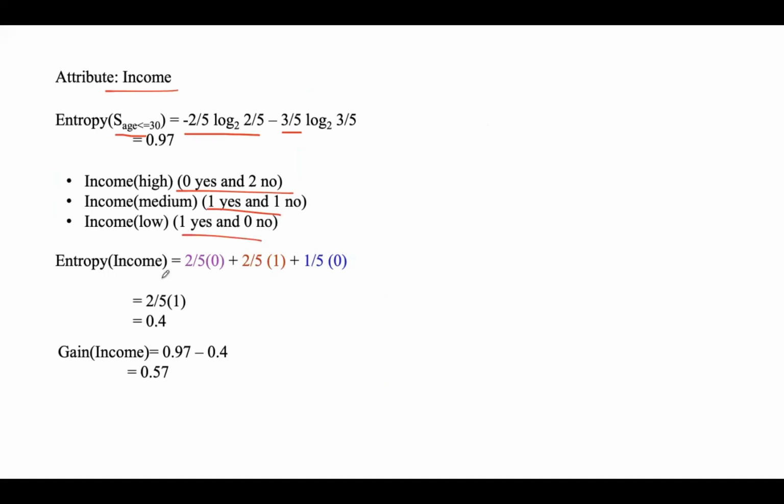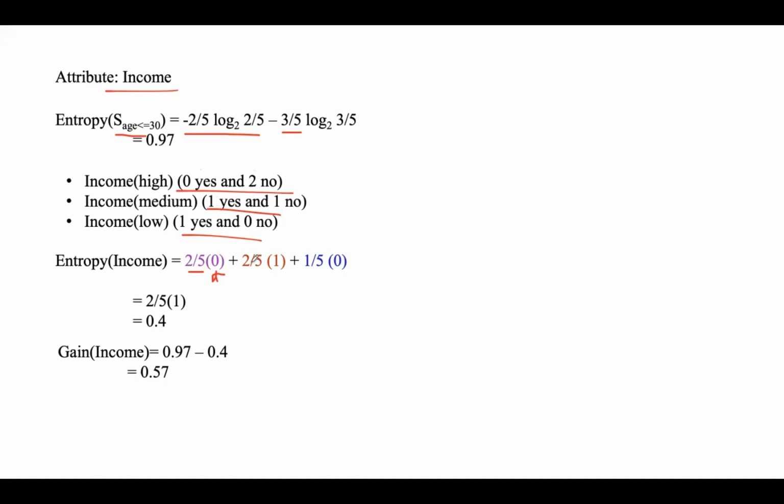So if you take entropy of income, for the first case, we have only two no's. We don't have any yes. So first calculate this. 0 plus 2, so 2 by 5. And as we are having only one category here, the entropy can be written as 0. Next, income of medium.